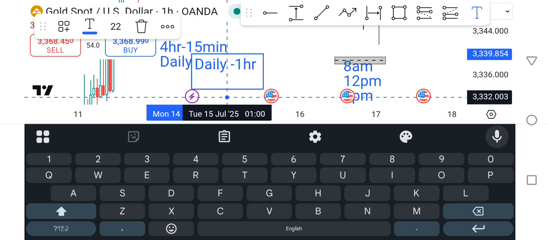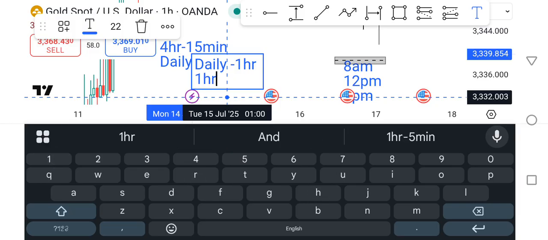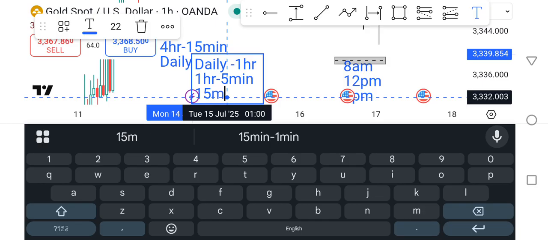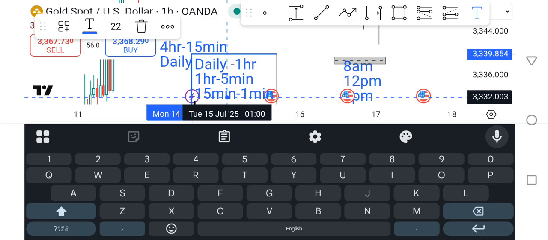When you spot a CRT pattern on the 1 hour time frame, you are supposed to scale down to the 5-minute time frame for entries. When you spot a CRT pattern, guys, on the 15 minutes time frame, you are supposed to scale down to the 1 minute time frame for entries, guys.